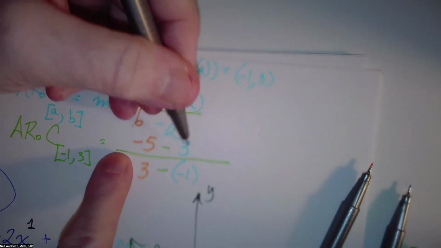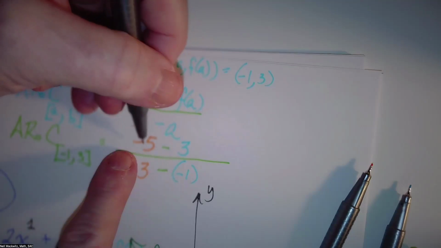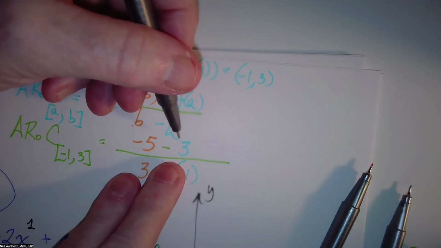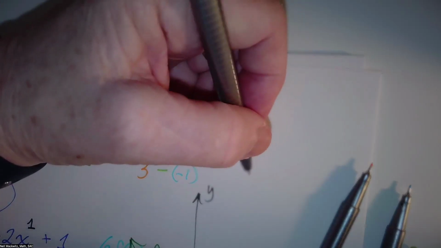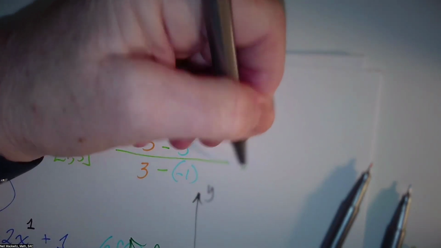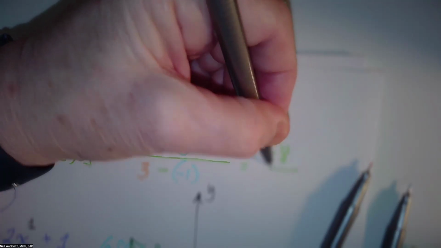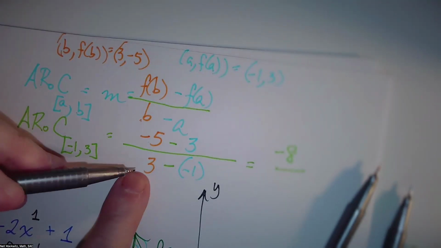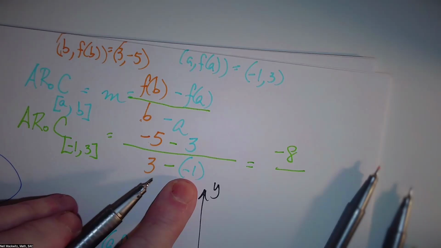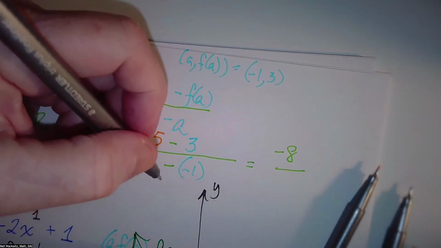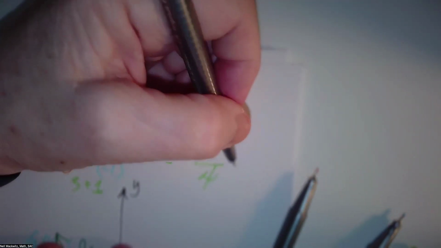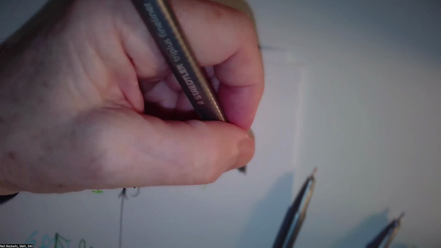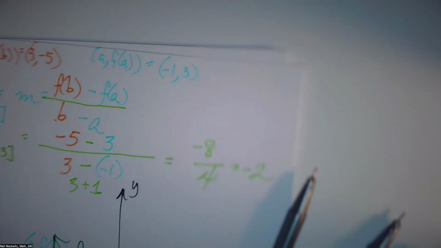Remember, if the two numbers have the same sign, add the numbers. 5 plus 3 is 8, and give them the common sign. So here we'll have negative 8. And in the denominator, we have 3 minus negative 1. So that's 3 plus 1, which is 4. And negative 8 divided by 4 is negative 2.